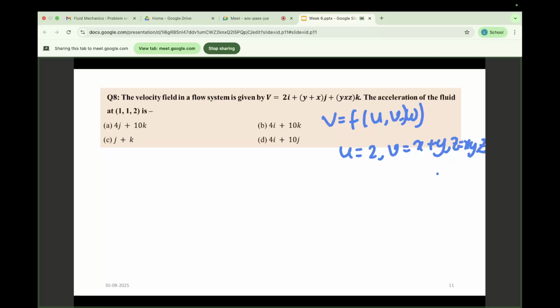So these three things I have got. In this question, the velocity field in a flow system is given, and the acceleration is asked. No details about whether it's a steady or transient problem are given, so we assume it as a steady problem, right? The acceleration formula you know: du/dt plus u.